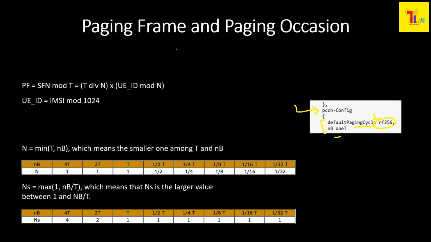See, whenever I have told you one thing, the formula for the paging frame is SFN mod T, as per 3GPP. And anyhow we know the SFN is from 0 to 1023, so in total we can have 1024 values. So this is what exactly SFN mod T.